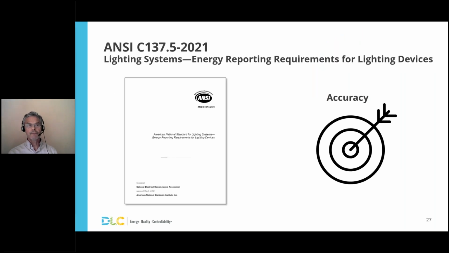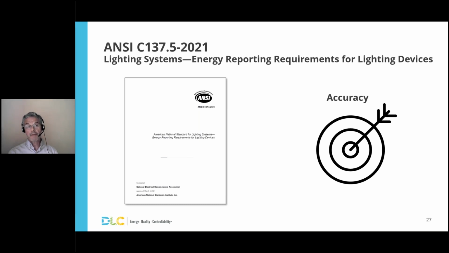ANSI C137.5 specifies the minimum performance requirements for lighting devices that report energy data. These requirements include energy data types to be reported and the accuracy performance of those data types. Before this standard was available, the DLC was trying to inform the NLC market about the accuracy and inaccuracy of data reports from various products.